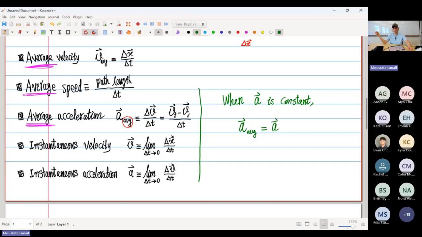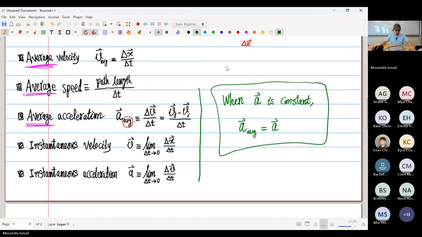So it doesn't matter if you take an average or not. So in that case, we can just use the definition of the average acceleration and use it as instantaneous acceleration. Okay, so this will be important when we derive the kinematic equations now in a second.